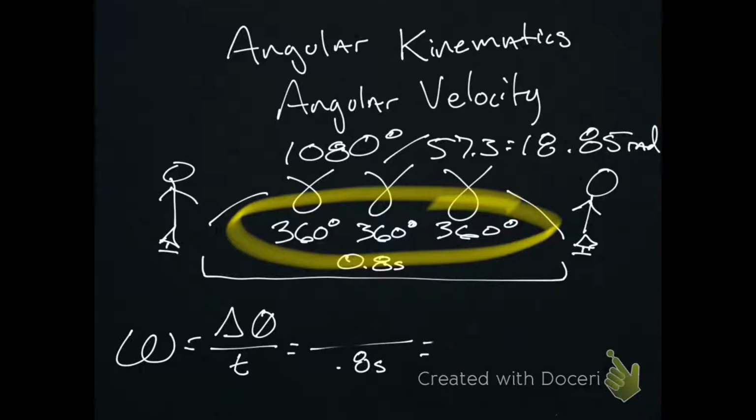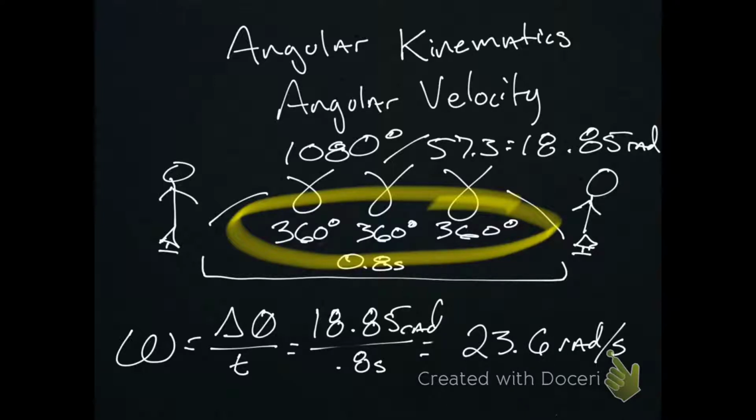We will have the 18.85 rads divided by seconds. We are going to get 23.6 rads per second. So an example there of calculating angular velocity using that omega.